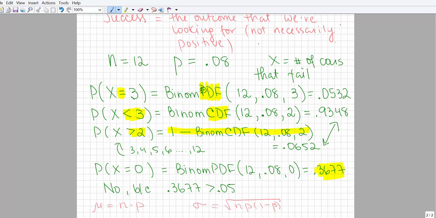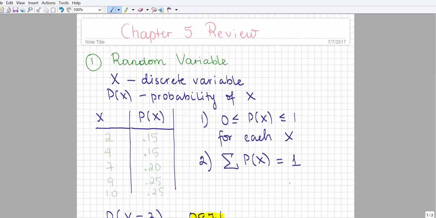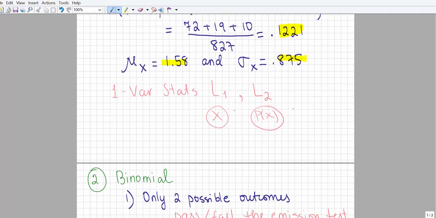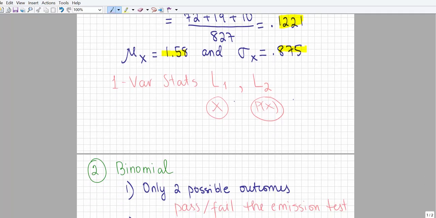But I think that's basically it. That's everything that you need to know for chapter 5. So let's go back again. Random variable: know how to construct a probability distribution function. Use your calculator. The main calculator command here is variable statistics to compute your mean and standard deviation.